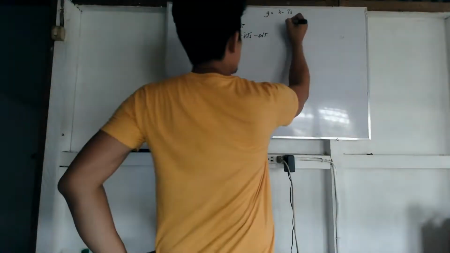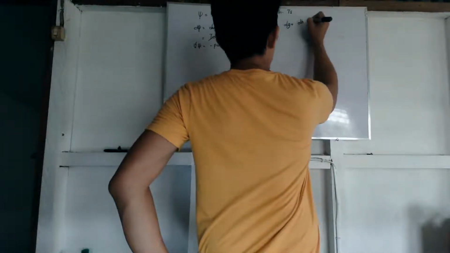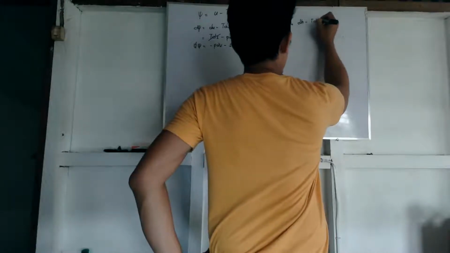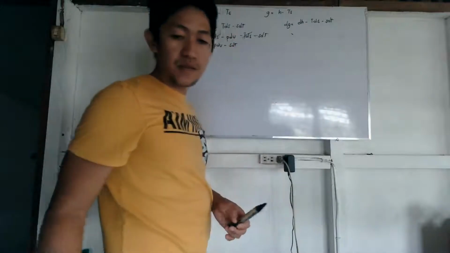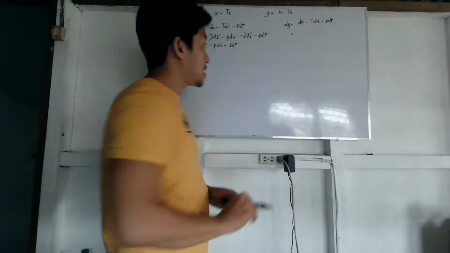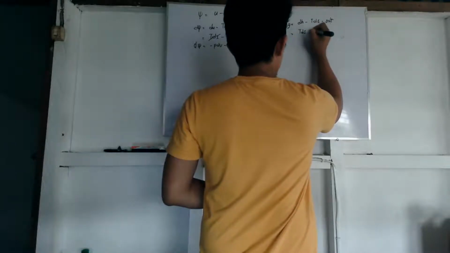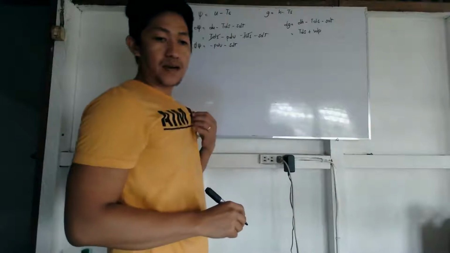And for the Gibbs function, the differential of the Gibbs function is dh minus T ds minus s dT. And we've learned that dh is just T ds plus v dP. Okay?